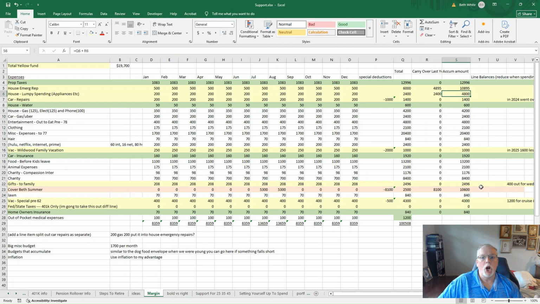So there you go. Margin. Margin is awesome for that. It's very comfortable in spending. And then when Beth says, I want to do something, we can do it. But again, if I had a big house crisis, I may have to say, hon, I don't have enough. I have 4,800 in there every year, in addition to another 3,000 for Wildwood that we go to. But blah, blah, blah.